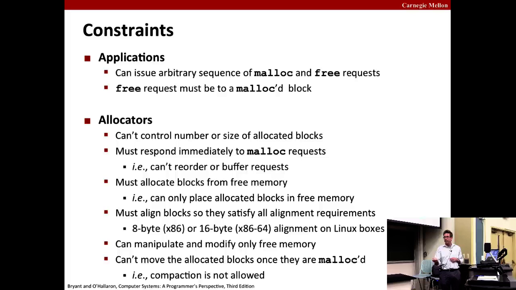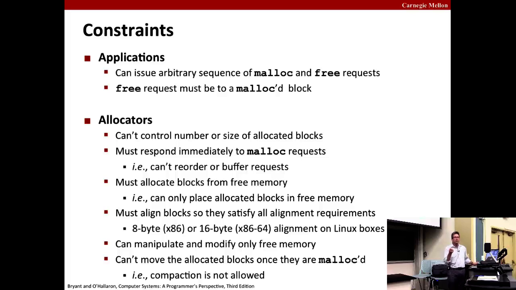When it gets called, it has to process the request and then return right away. It has to allocate blocks from free memory, so in general, it can't touch any allocated block. Once it allocates a block, that block belongs to the application, and the malloc package can't touch it.